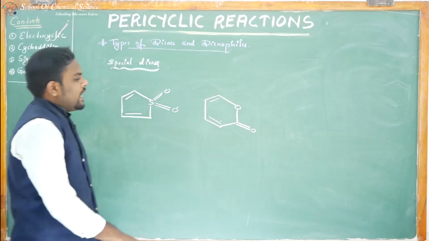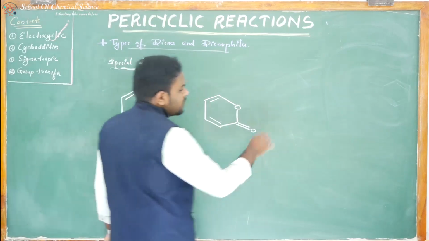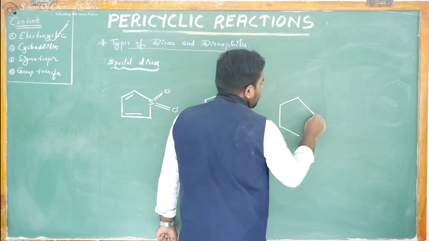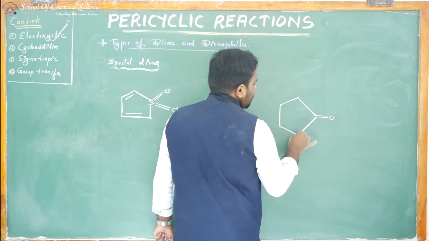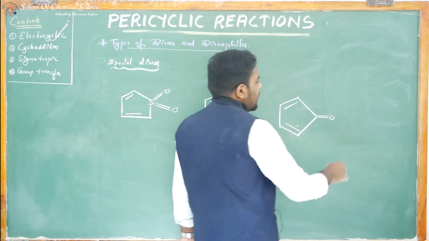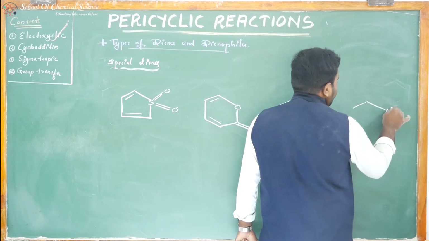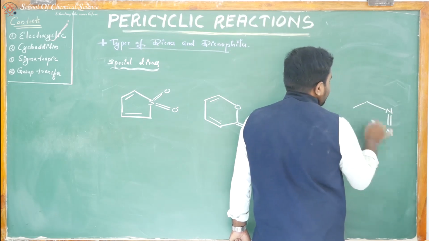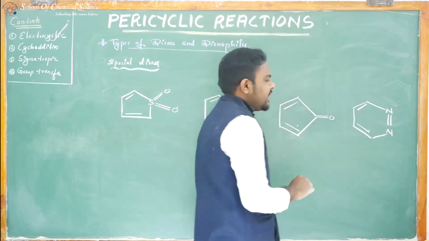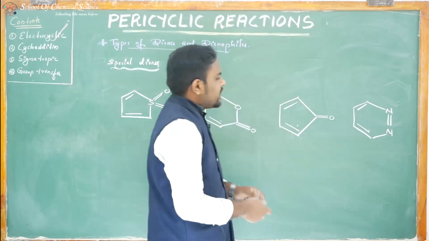This one also acts as a diene. Then another example, this is also an example of a diene. Then another example, this is also an example of a diene. Here these two double bonds act as the diene.